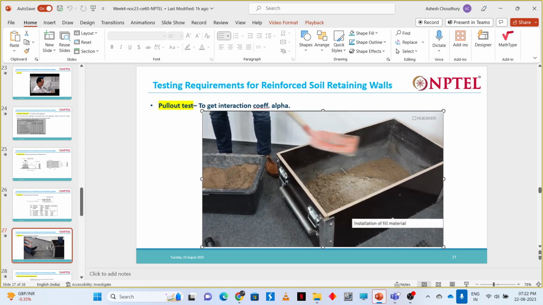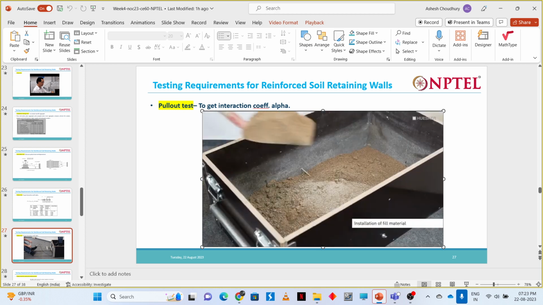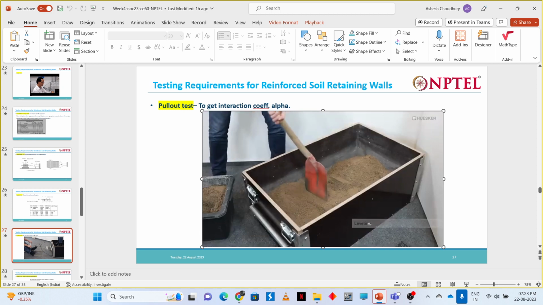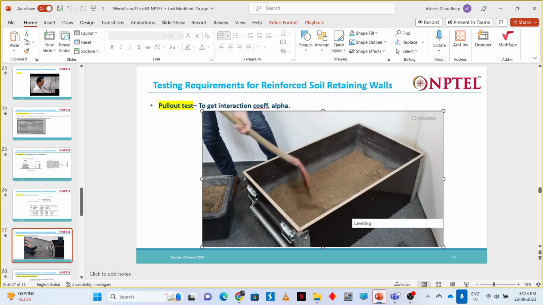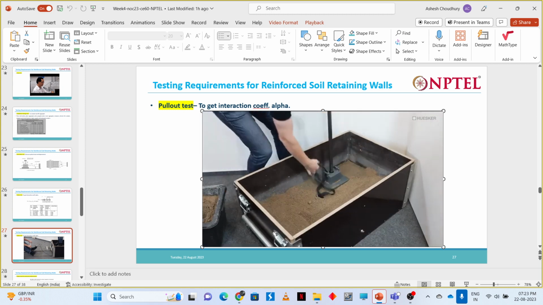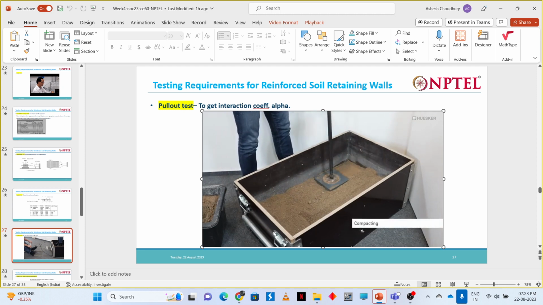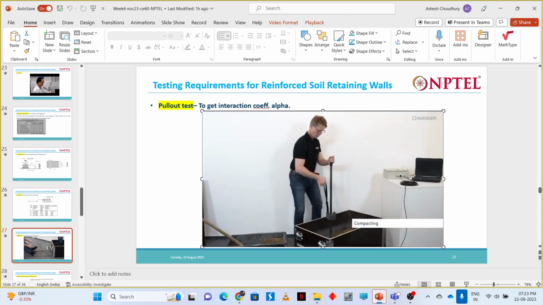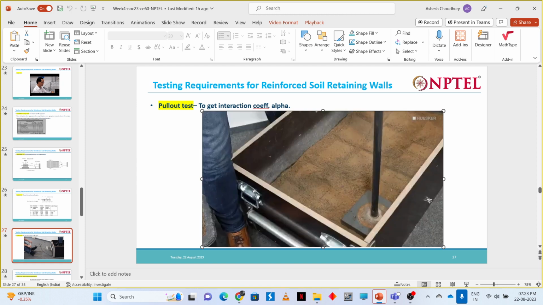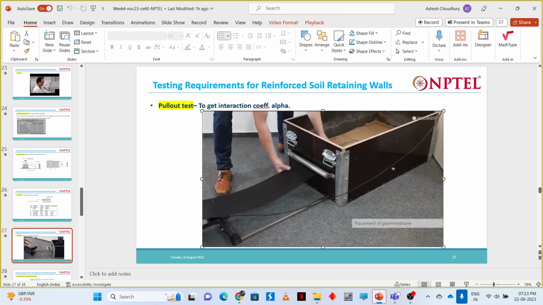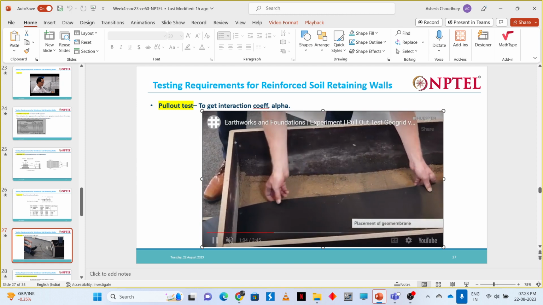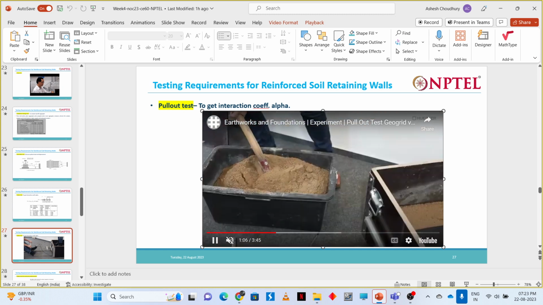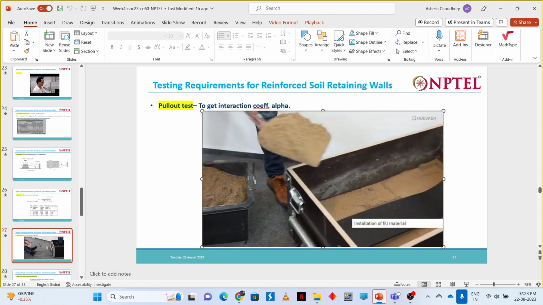First, we put the base material, level it. After leveling, we will compact it. After compaction, we place the geomembrane. Then we will again put the fill material.